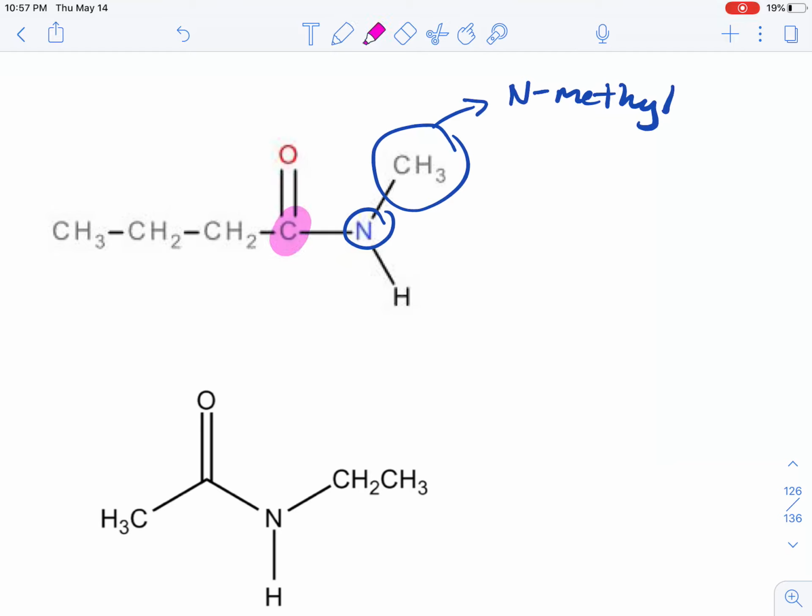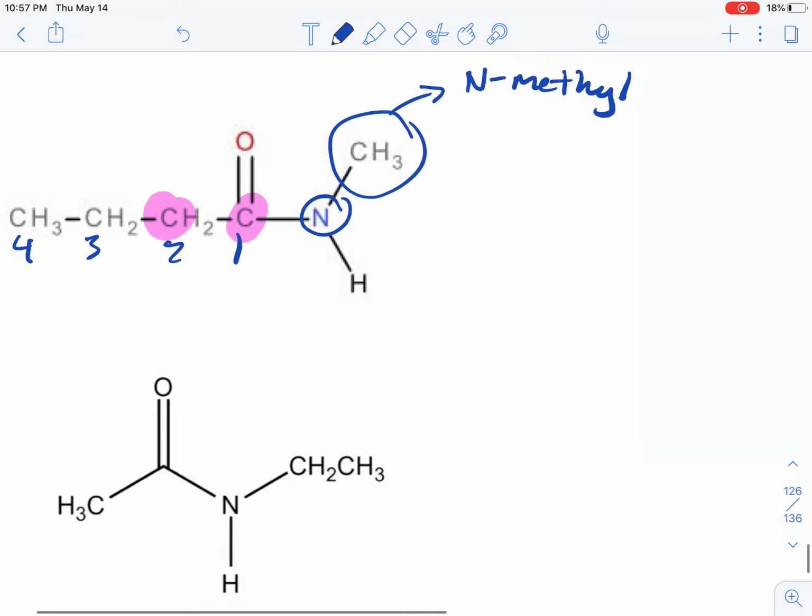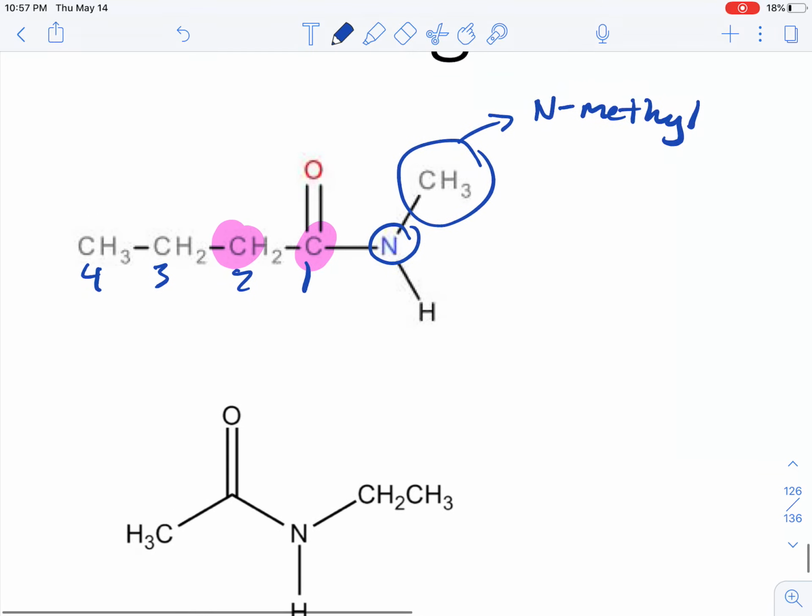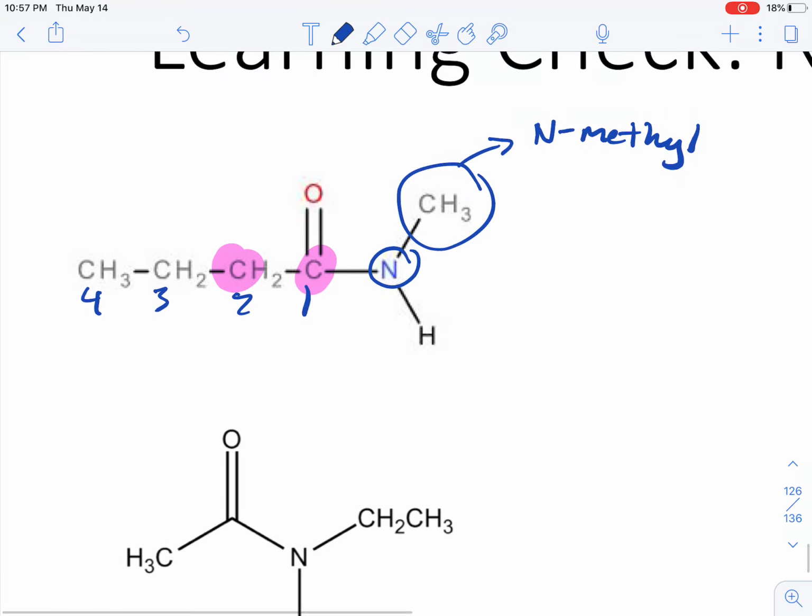And so since this is carbon number 1, this is going to be carbon 2, 3, 4. And so to name my parent chain, I have a 4-carbon compound, so that's probably going to be butan. Since they're all single bonds, this is butane. Erase the E, add the amide.